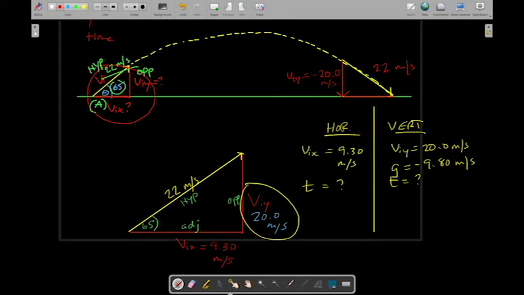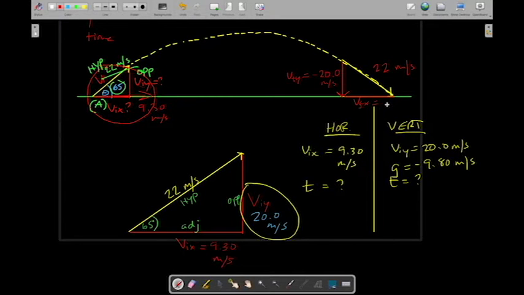Now our v initial x, keep in mind, if you've seen my previous video on projectiles from the ground, the horizontal velocity remains consistent all the way throughout the entire trajectory. So because we found our initial horizontal velocity to be 9.30 meters per second, that's the exact amount of speed that we get at the final velocity with regards to the x-axis.